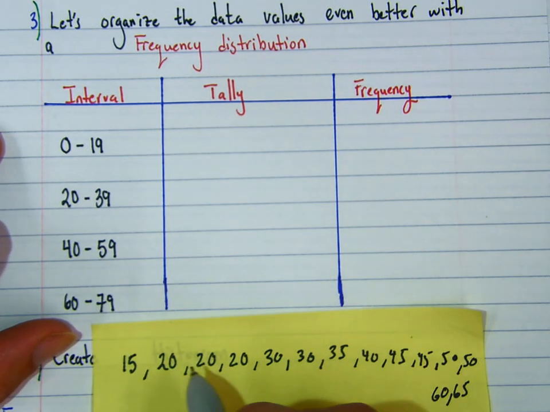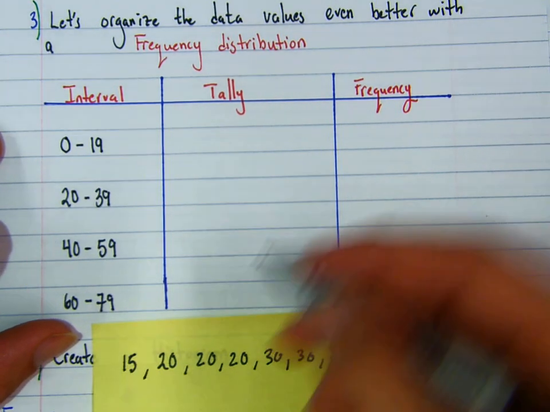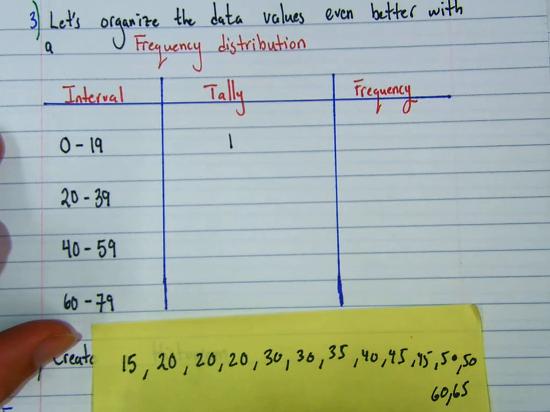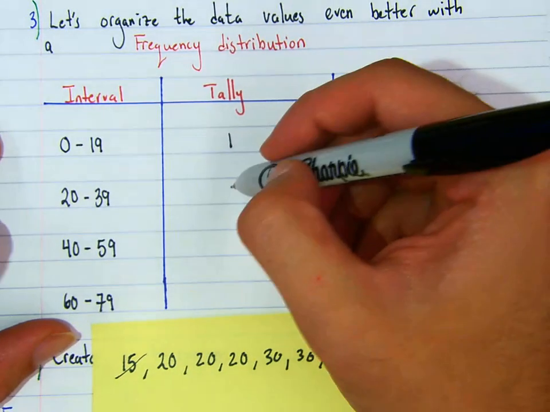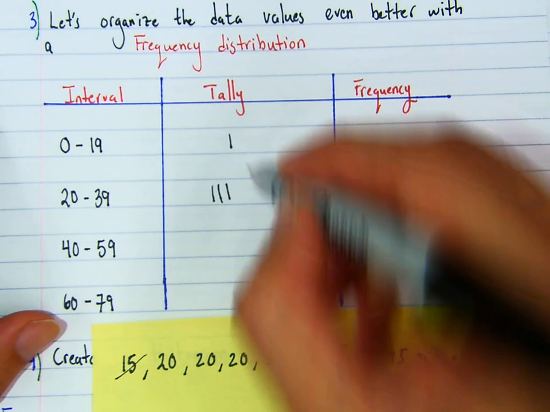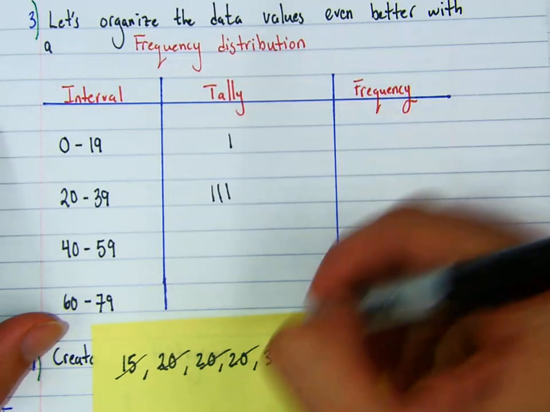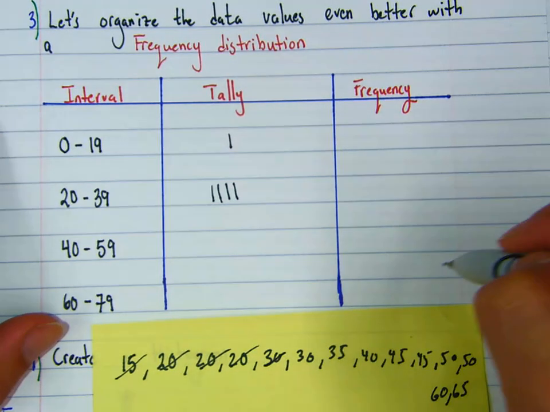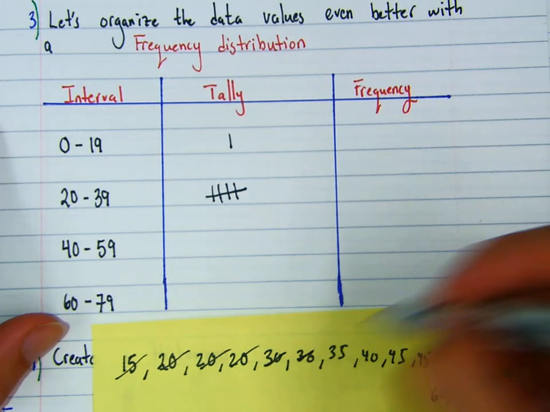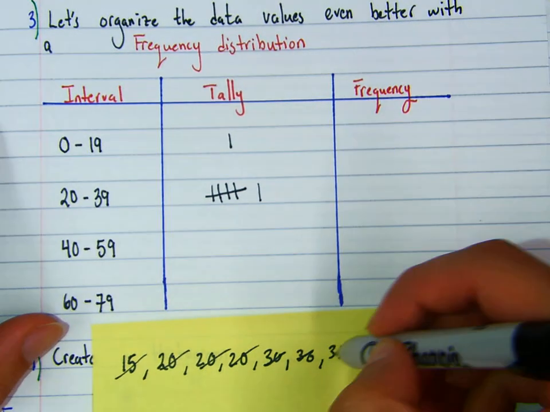So let's go through the data values. So 15 minutes would go here. All right, that's done. 20 minutes would go here. So notice there are 3 20 minutes. There's another 30 minute that goes here. And then how do I show 5? Here. 35 goes there.